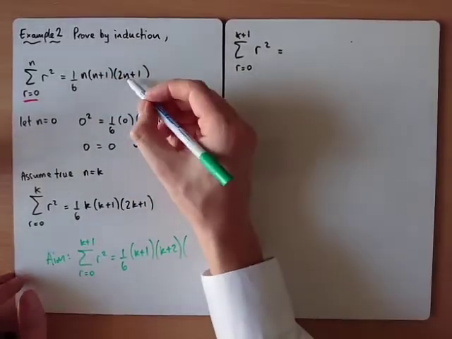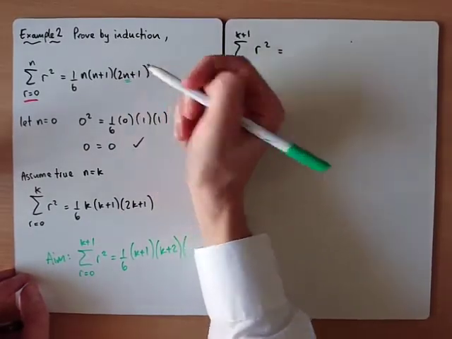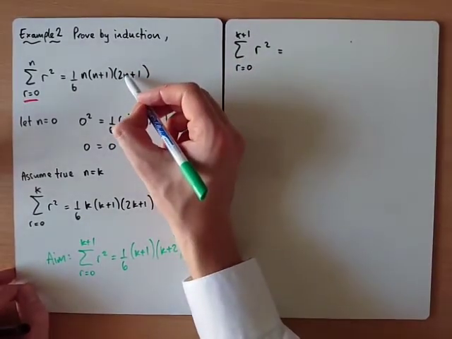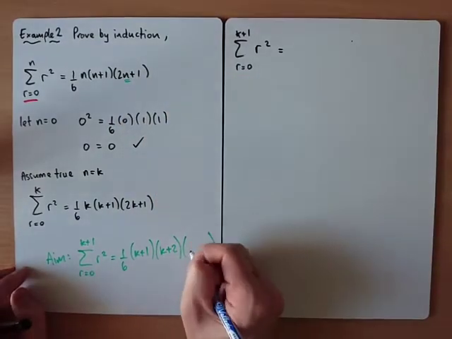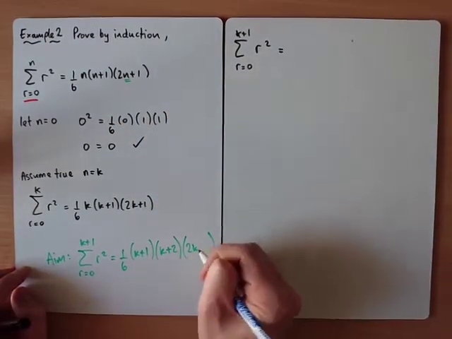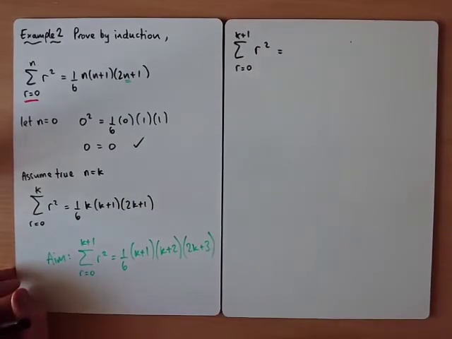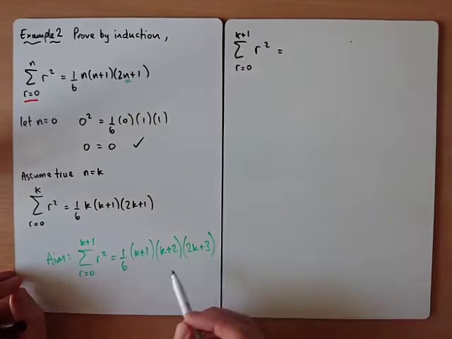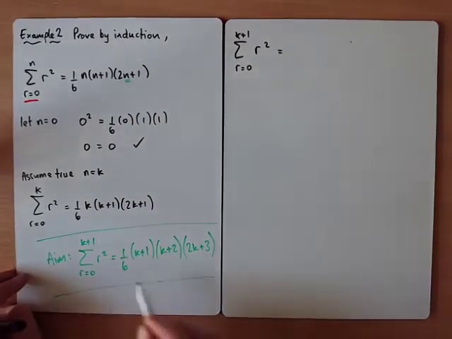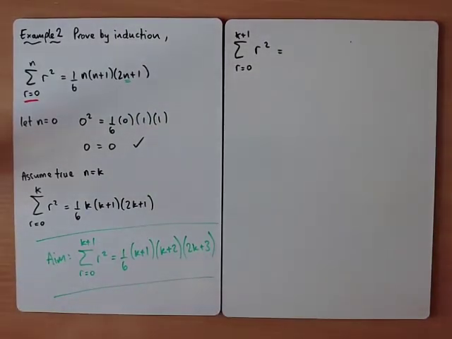Be careful here, if you sub in k plus 1, 2 lots of k plus 1 plus 1, that would become 2k plus 3. Because if you do 2 times k plus 1, you get 2k plus 2 plus 1, so that's essentially, you know you've got it right if you get to that form there.